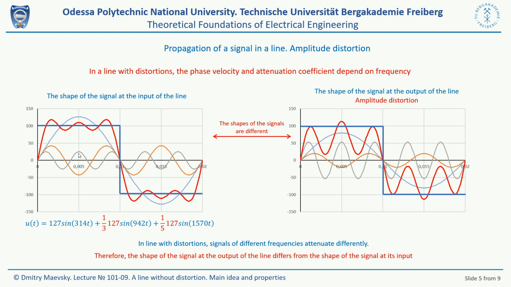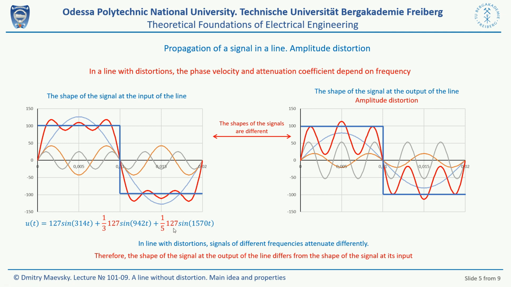Another equally important requirement is to maintain the amplitude relationships of these sinusoidal oscillations during propagation. As we can see from this formula, the amplitude of the third harmonic in the Fourier series expansion is 3 times smaller than the amplitude of the first, main harmonic. The amplitude of the fifth harmonic is 5 times smaller, and so on.